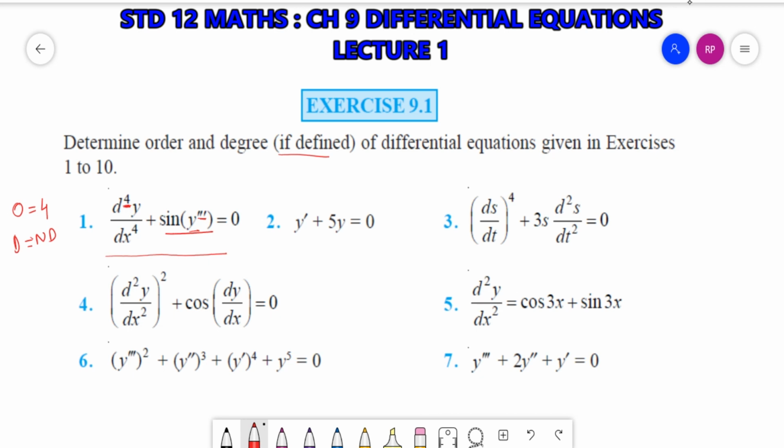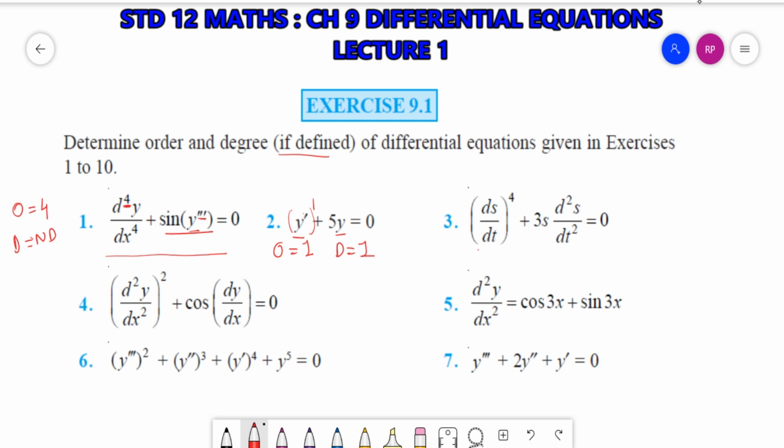Now second, in equation 2, y dash means differentiated one time, y not differentiated. So what is the maximum order here? One time, so 1. And what is the power of this? Nothing is given, so its power is 1. So the degree is equal to 1. Clear?